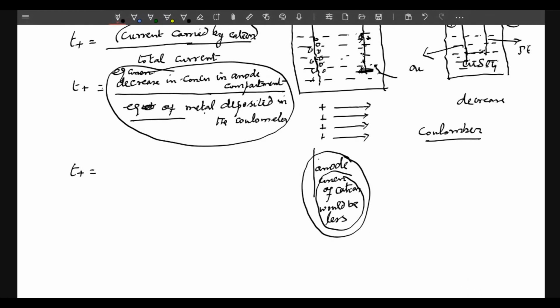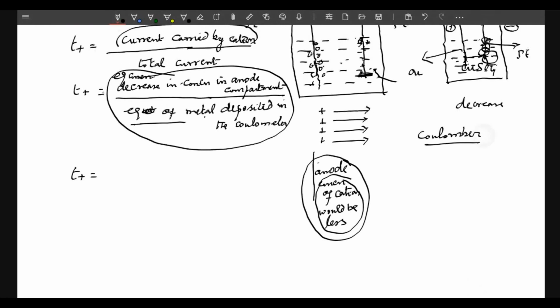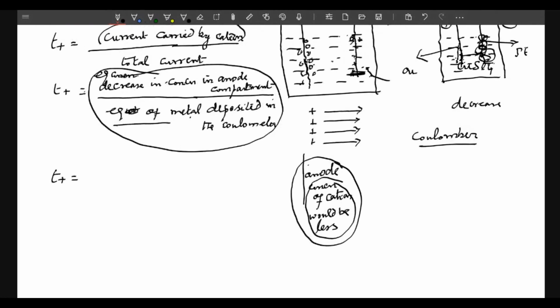But as we have already seen, this is an active electrode. How much copper would be deposited at the cathode? So much copper will be released from the anode. Therefore, the concentration at the anode is found, after the experiment, to have increased. Therefore, you have to give a correction for why it is increased.